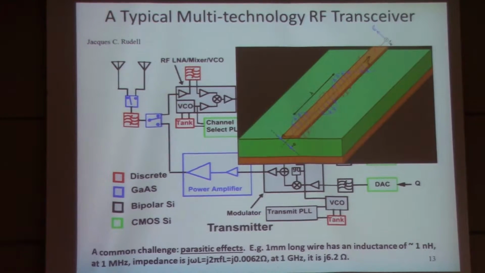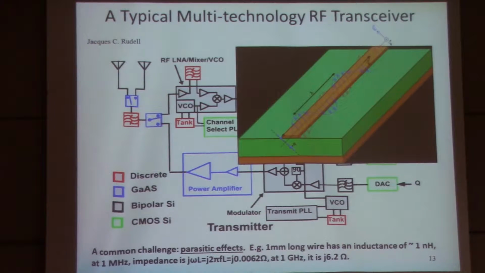You can ignore that, right? That's very small. But if you work at 1 gigahertz, it's 6.2 ohm already. It's noticeable at least, right? And if you work at 10 gigahertz, which is not a very high frequency, it's 62 ohm. That's very high. That will spoil your design, your DC design.